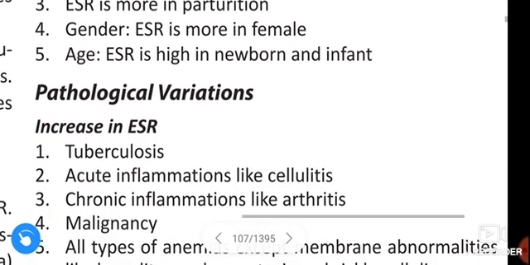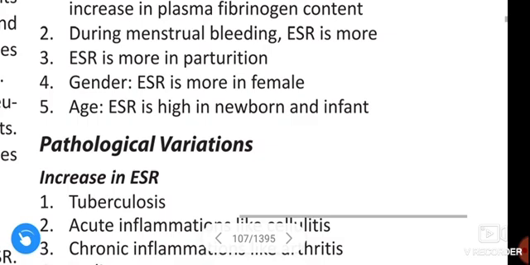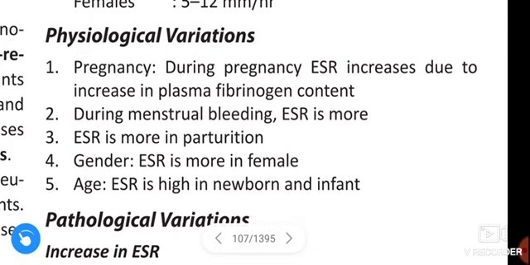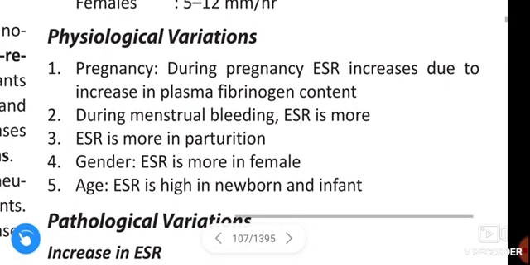All the physiological variations shown here increase the erythrocyte sedimentation rate. During pregnancy it increases, menstrual bleeding increases, parturition increases, in gender it is more in females, and in age, in newborn and infant it is high.